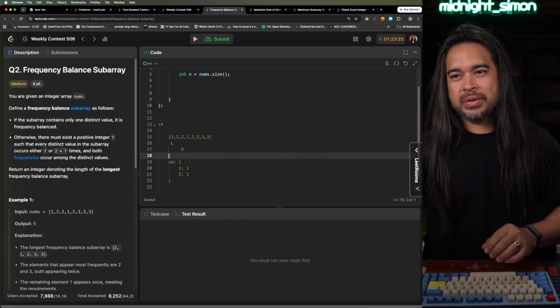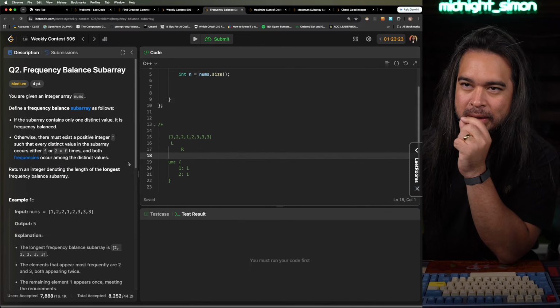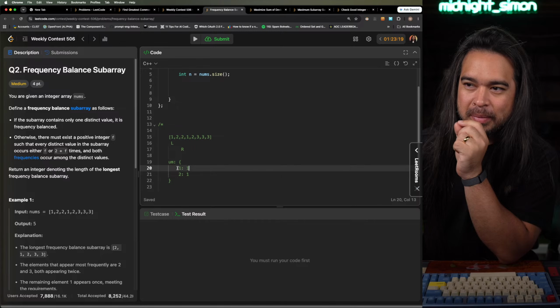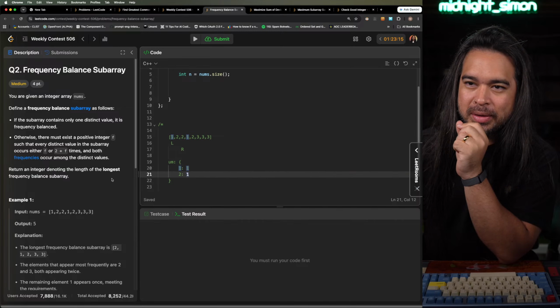So I don't know how to grow it, because right now it's not frequency balanced, because there's 2 things in there and they both appear 1 time. But it says it needs to have one appear f and two f times, and both f and 2f must occur.